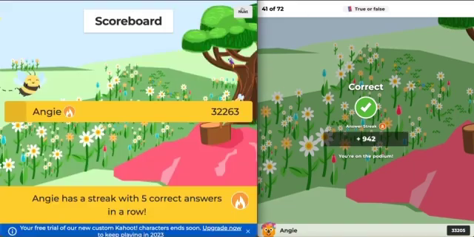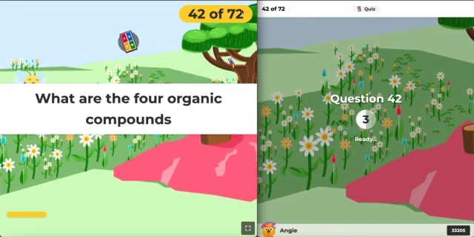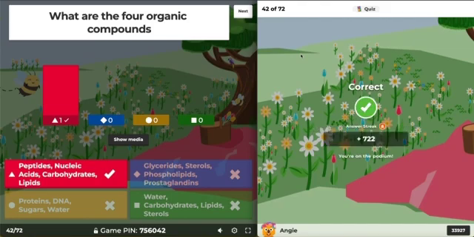Let's move on. What are the 4 organic compounds? Earlier I messed up and I accidentally said that lipids were an inorganic compound, but that's not true. Lipids are part of the organic compounds. So it's peptides, nucleic acids, carbohydrates, and lipids.